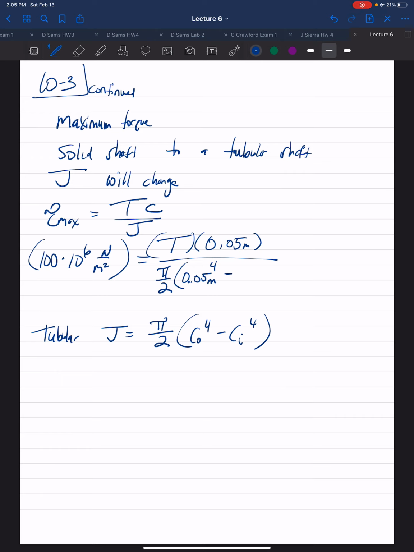And the inner radius corresponds to the inner diameter of 75 millimeters. So the inner radius would be our 75 millimeters over 2.